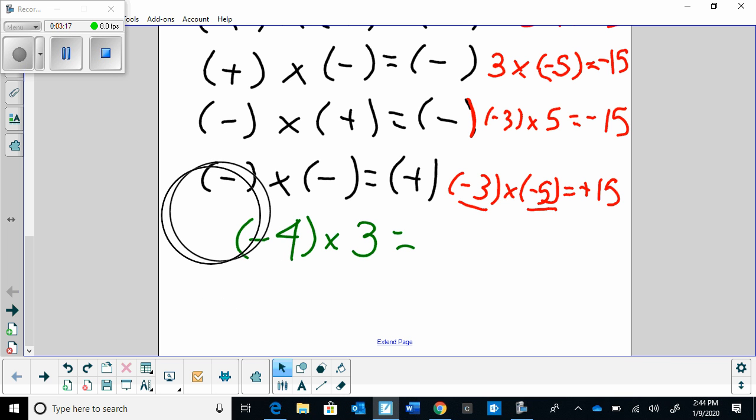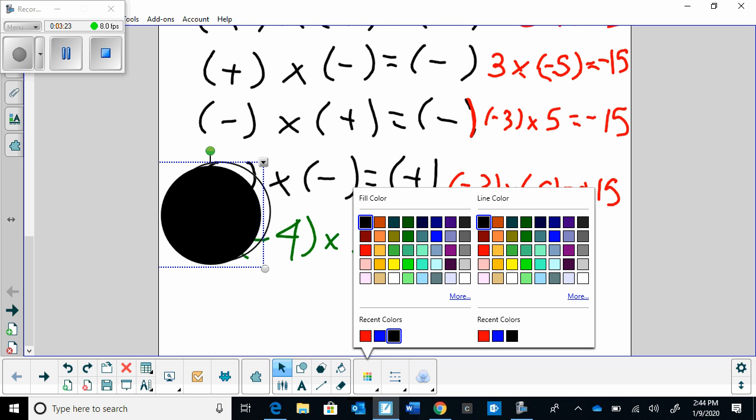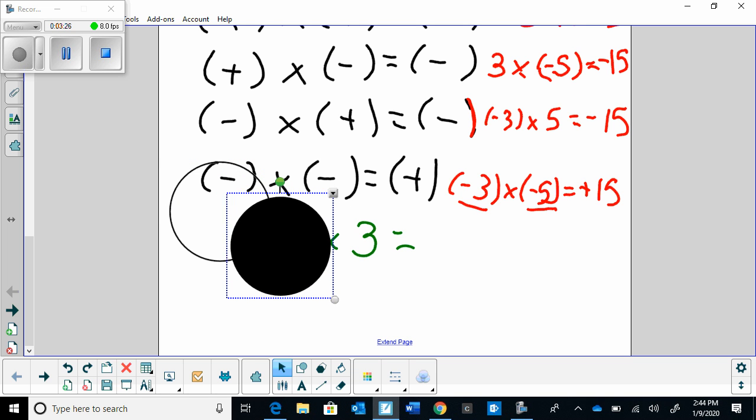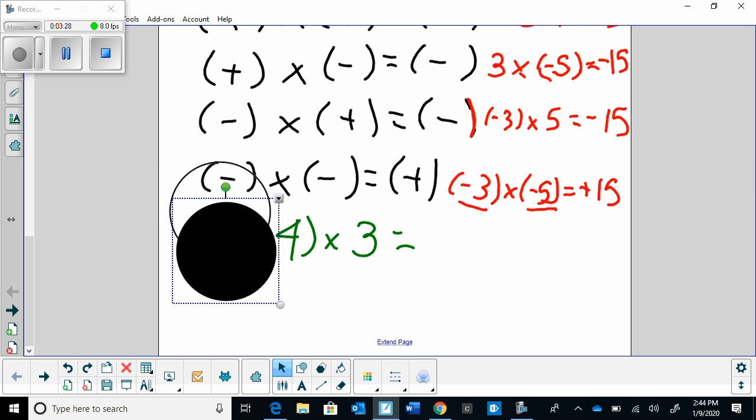So we're going to hide the sign there first. So all of this is 4 times 3. Well, 4 times 3, that's going to be 12. We know that basic multiplication.